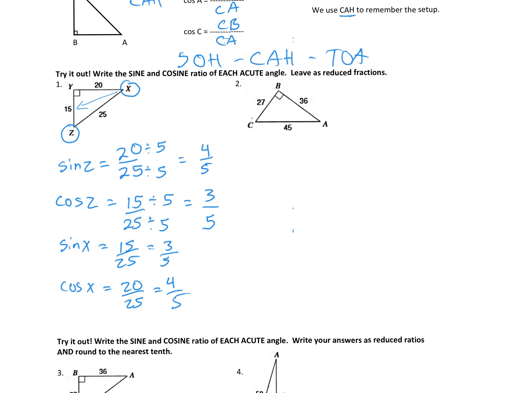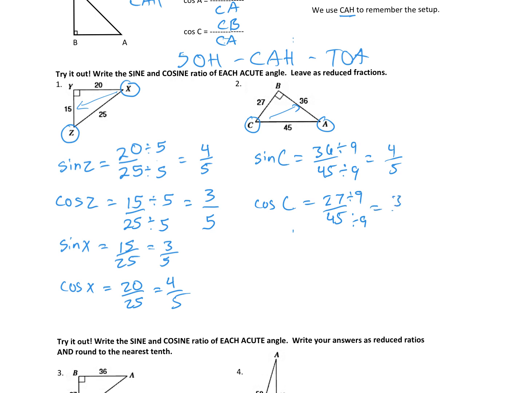Next one, we want C and A. So sine of C is 36, opposite over hypotenuse, 45. We can divide by 9. That gives us 4 out of 5. My cosine of C, which is adjacent, 27 over 45, we can divide by 9, which is then 3 over 5.